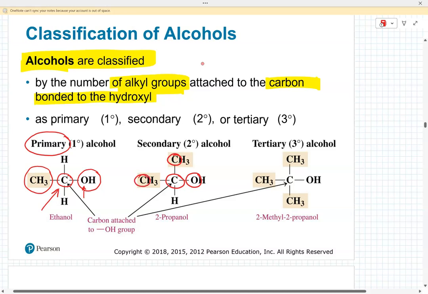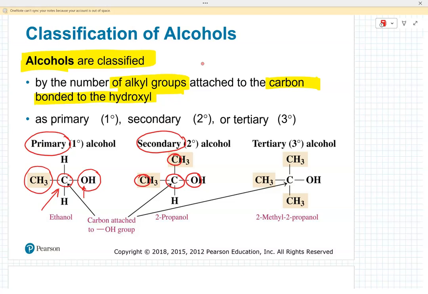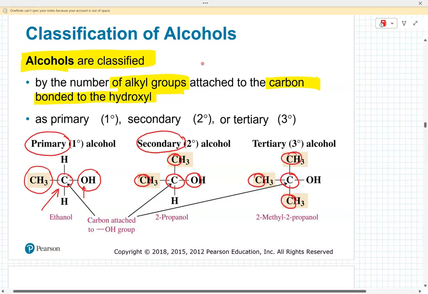Two, not one. It is a secondary alcohol. Okay? And in this case, this carbon that's bonded to the hydroxyl group is also bonded to 1, 2, 3 other carbons, which makes it a tertiary alcohol. I can guarantee you that you will have to identify primary, secondary, or tertiary alcohol on the exam. 100%.